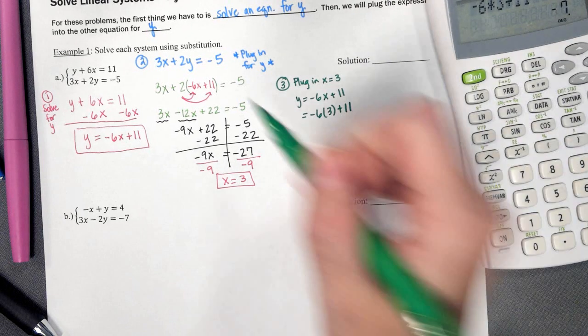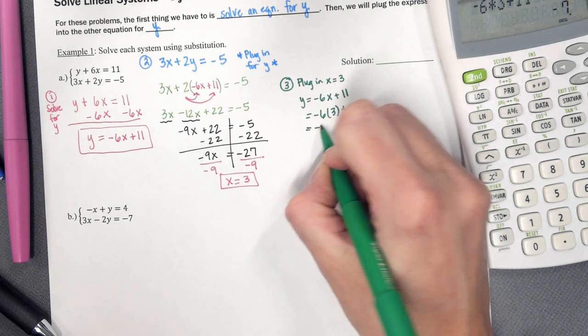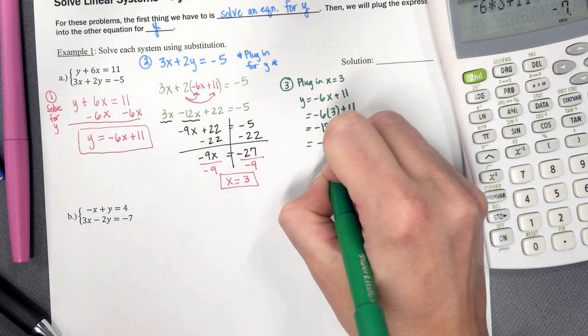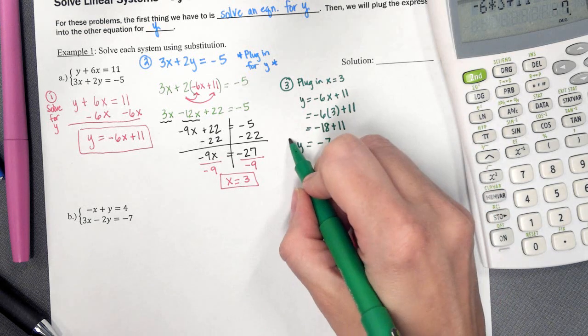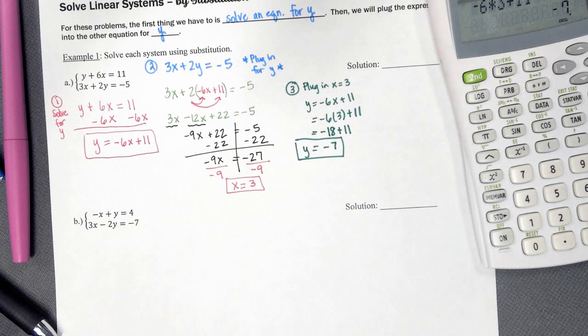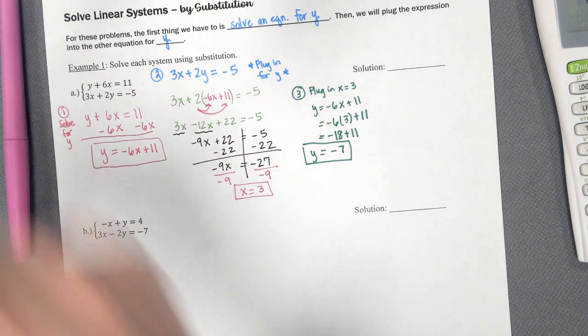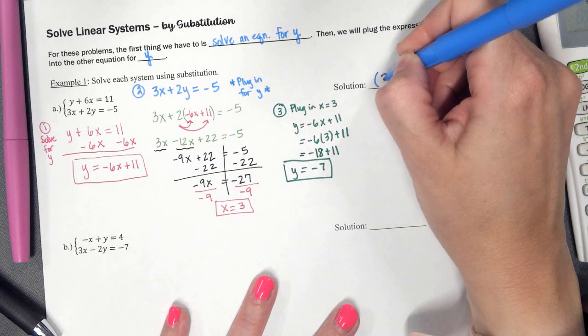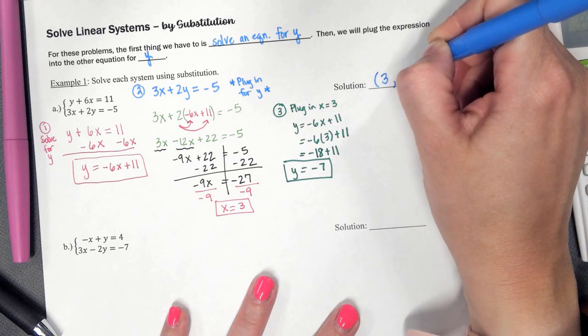Okay? So just do what works better for you. If doing this out step by step helps you make fewer mistakes, that's exactly what I would do. Okay, so then your solution is always the x first and then the y.